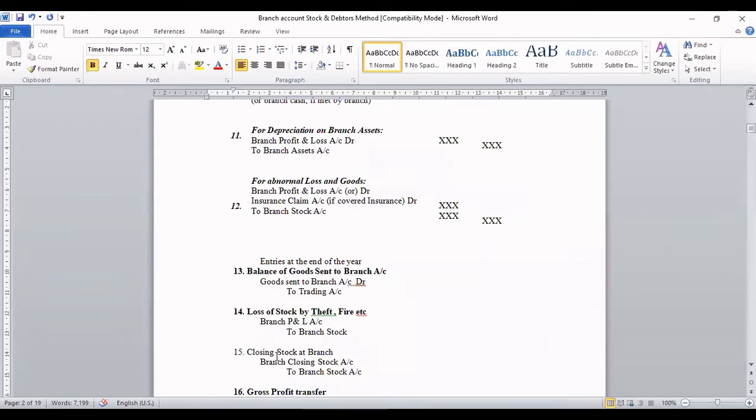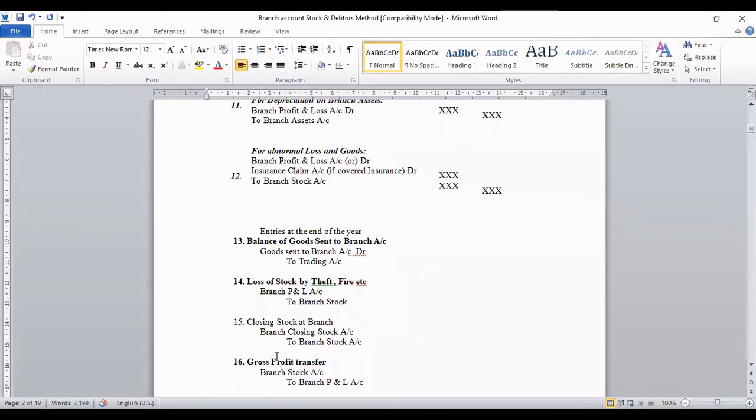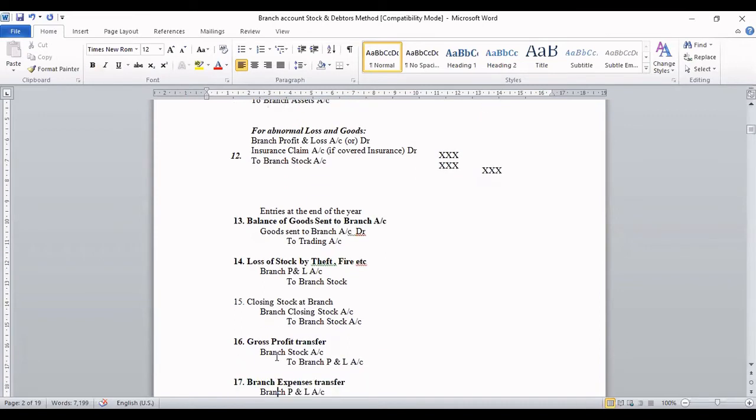Okay. Then next, whatever gross profit you get, simply you have to understand branch stock account will be treated as trading account. It will be treated as trading account, but it is not exactly a trading account. So when you close branch stock, you will come to know about the gross margin, or you'll get some balance that we have to transfer to branch P&L.